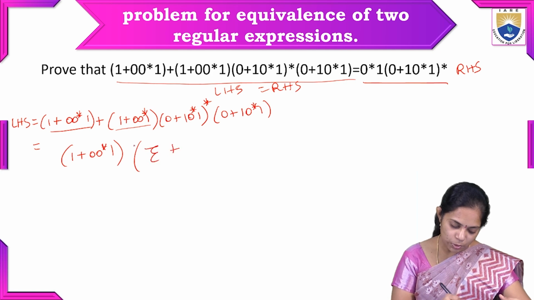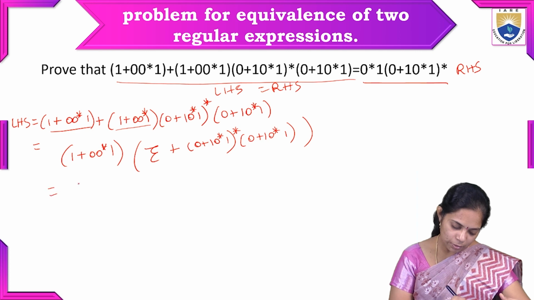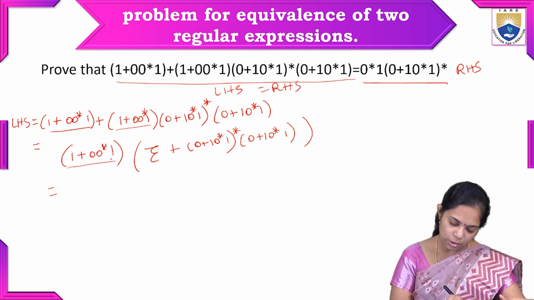Taking it out, we will get epsilon plus 0 plus 10 star 1 whole star and 0 plus 10 star 1. After taking this 1 plus 00 whole star of 1, we have this equation.